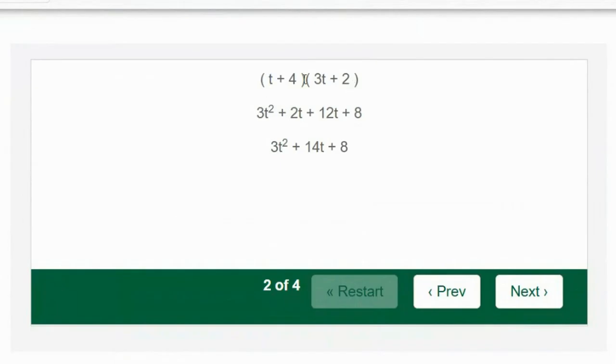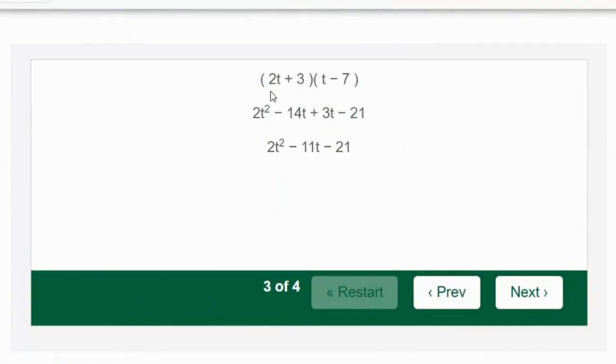So when we multiply t times 3t, we get 3t squared. T times 2 is 2t. 4 times 3t is 12t. And then 4 times 2 is 8. Those middle terms, again, are both like terms. So we can combine them, 2 plus 12. And we get 3t squared plus 14t plus 8.